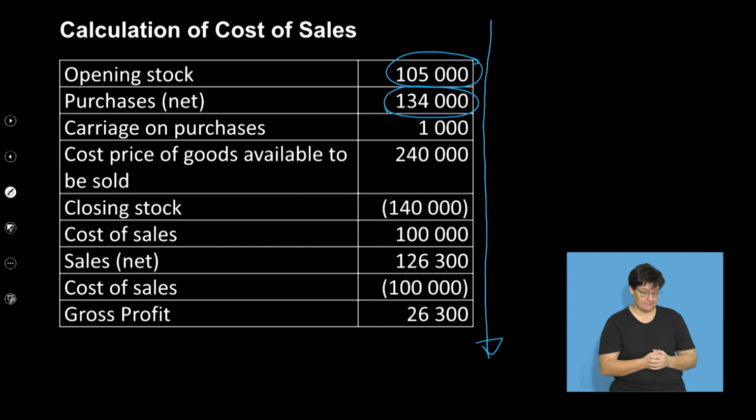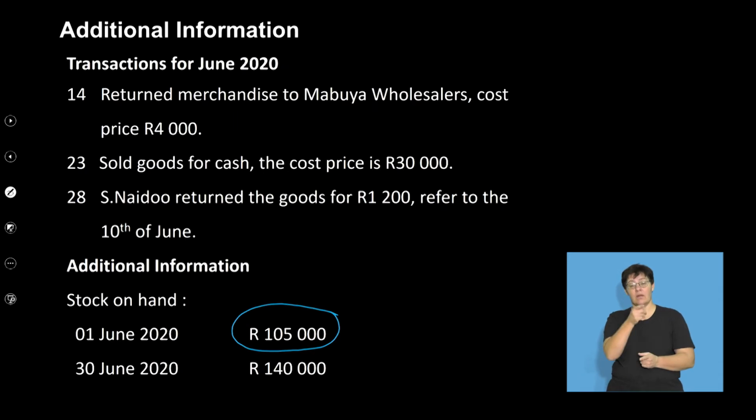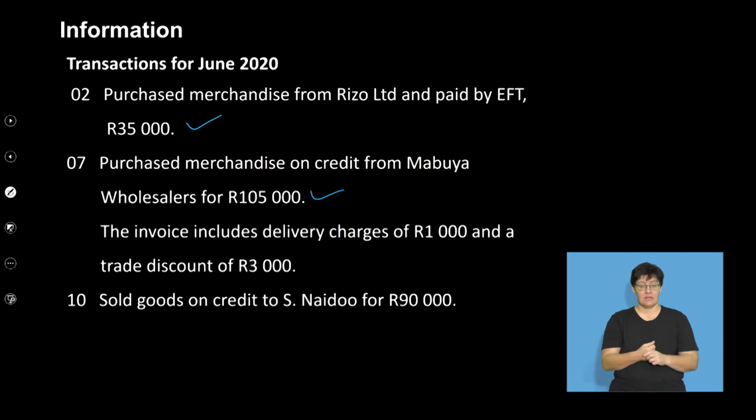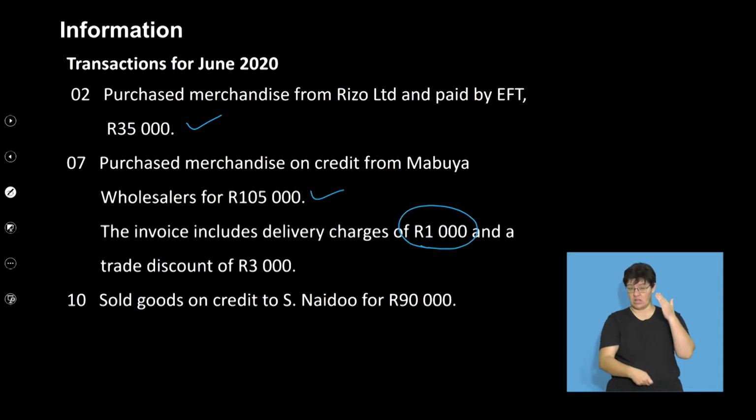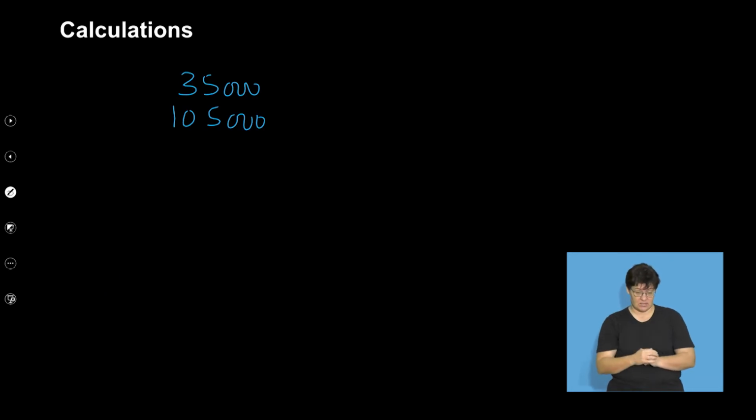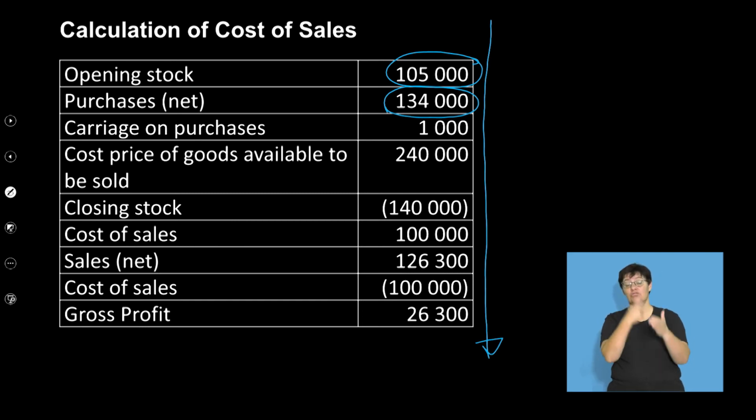Okay, they also told you in the transactions that one of the invoices had a delivery charge of 1,000 Rand. Remember, that delivery charge has to be shown as a separate component, 1,000 Rand for my carriage on purchases.